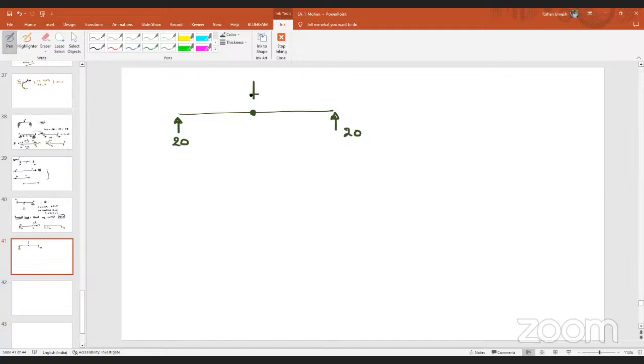Here the reaction I am getting is 40. Here the distance is 2 meter and here the distance is 2 meter.